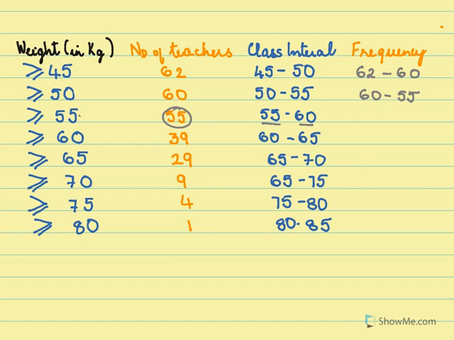Then for 55 to 60, so here's the value of 55, this is the frequency of 60. So you have 55 minus 39. Next 60 to 65, so 39 minus 29. Next for 65 to 70, 29 minus 9.